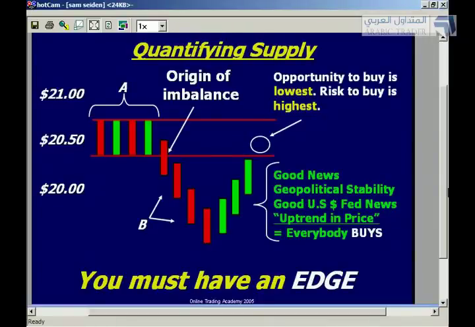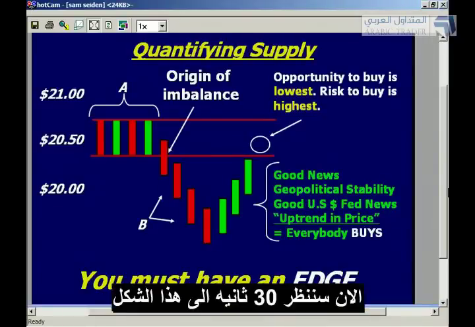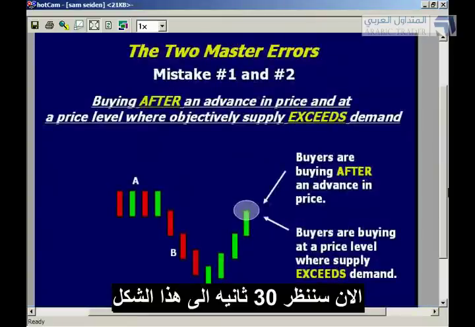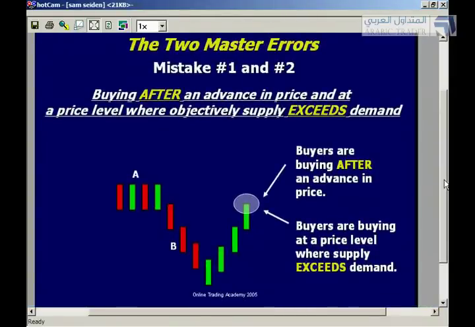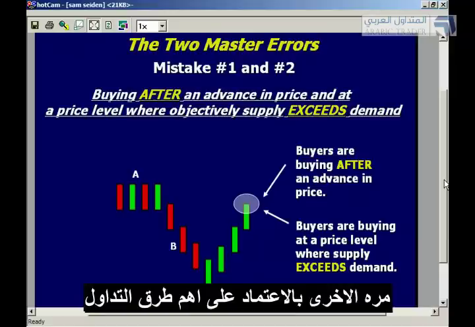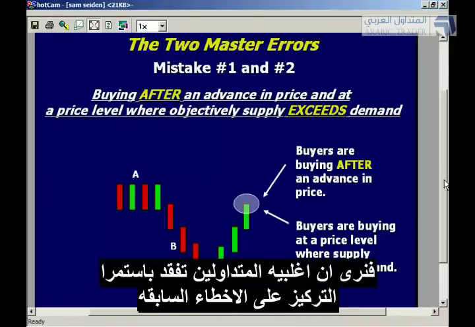Again, here, just about 30 seconds on this slide. Coming from a trading floor, watching the majority of people lose consistently, I focused on the same two mistakes that all consistent losing speculators make.